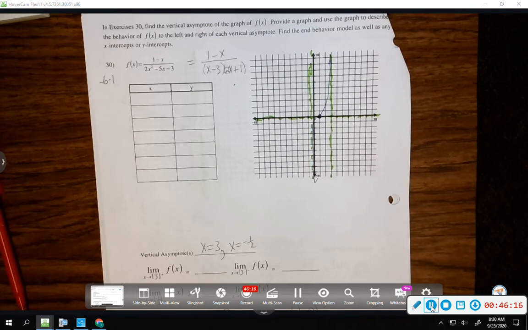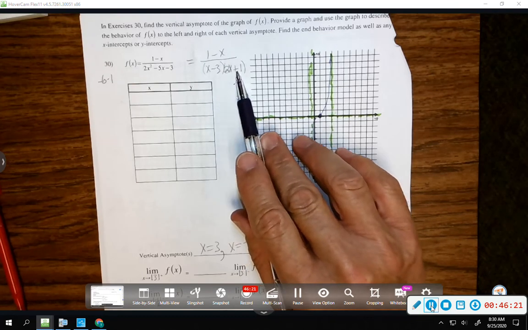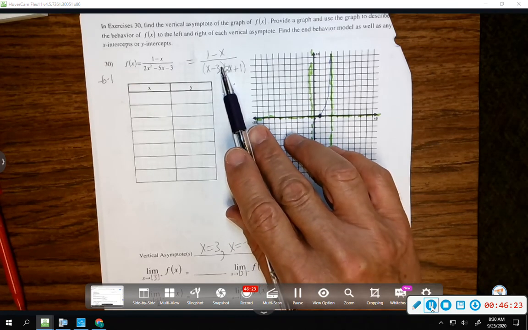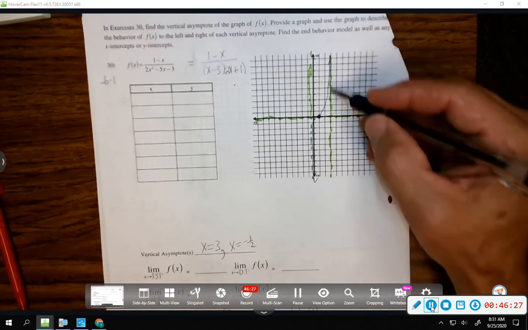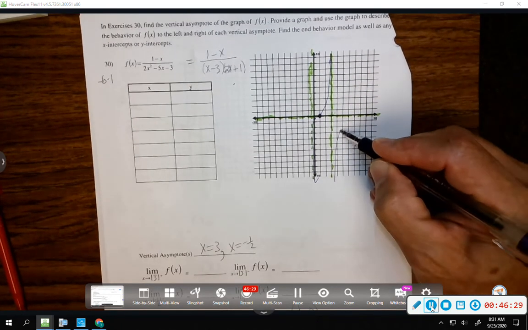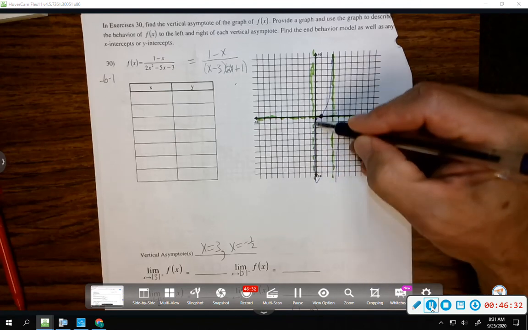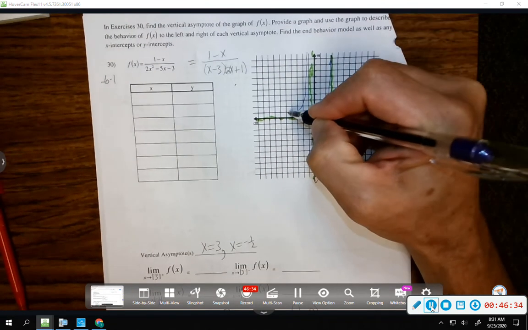I also know that both of these vertical asymptotes come from a binomial factor raised to the first power. So this is going to slide down the pole before it starts again. This is going to climb the pole before it starts again. There are no other x-intercepts for it to go through.